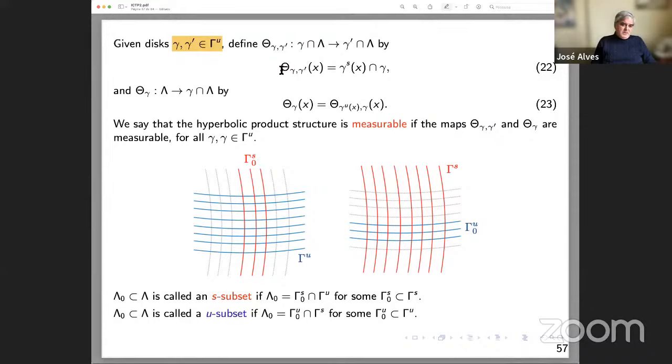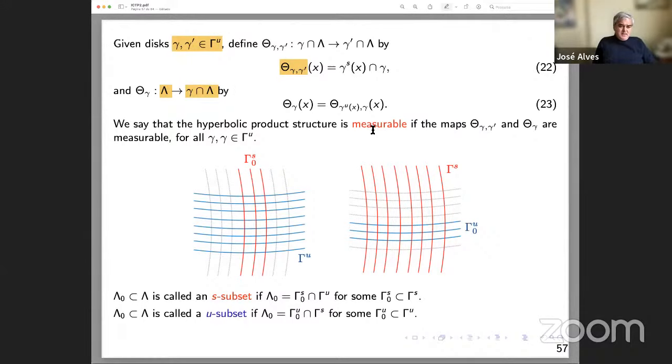This is what I call theta gamma gamma prime. And we can slide from any point in the set with the product structure to a fixed leaf. So you consider the unstable leaf through that point, and you consider the previous transformation from that unstable leaf to the fixed leaf.